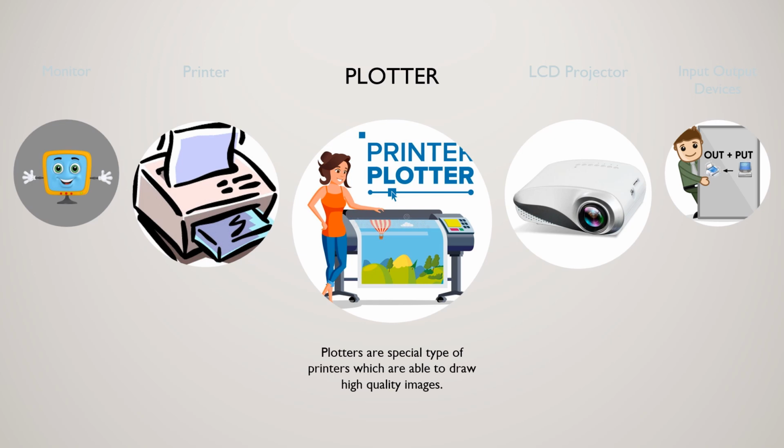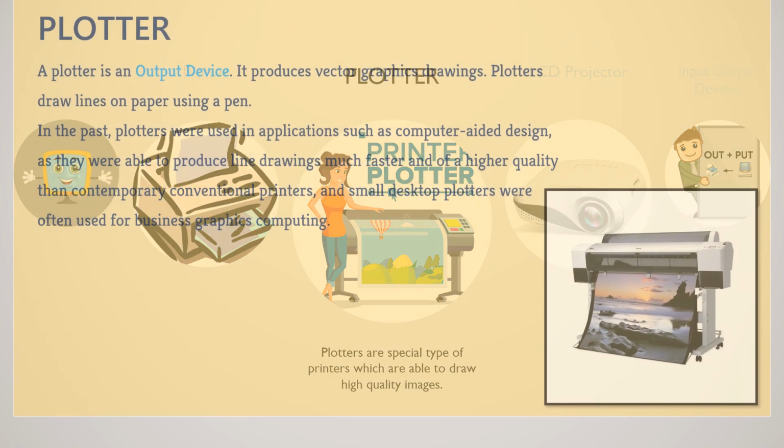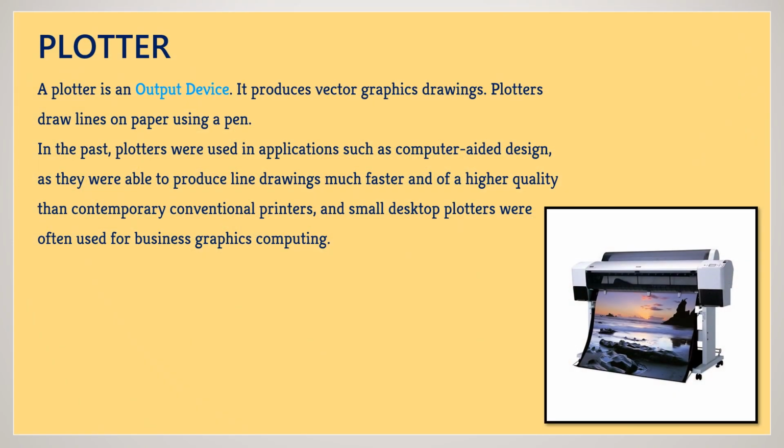Plotters draw lines on paper using a pen, though you can see in the diagram it is not visible, but that is how it works. The pen slides from one side to the other and the plotter keeps on plotting the images, lines. It produces line drawings much faster, and it produces high quality images. The image quality is better than the printer, so wherever we need bigger charts, graphs, maps, we make use of plotters.